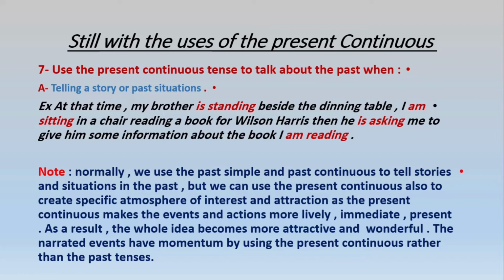But we can use the present simple, and this is the standard also, present continuous, and this is the standard also, to explain or to describe the past situations or past stories.